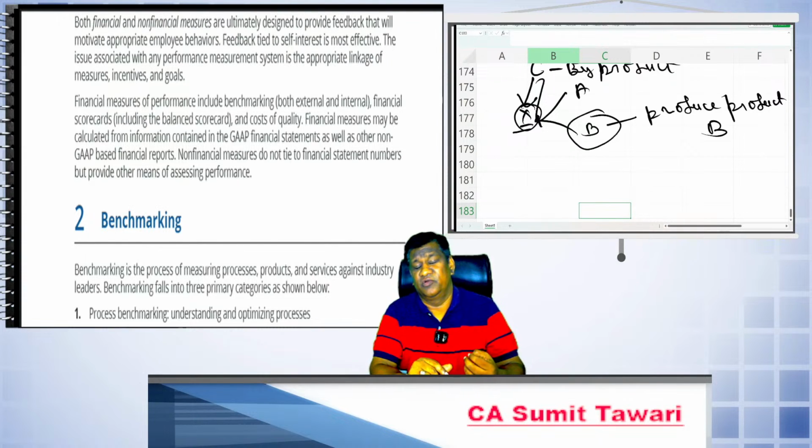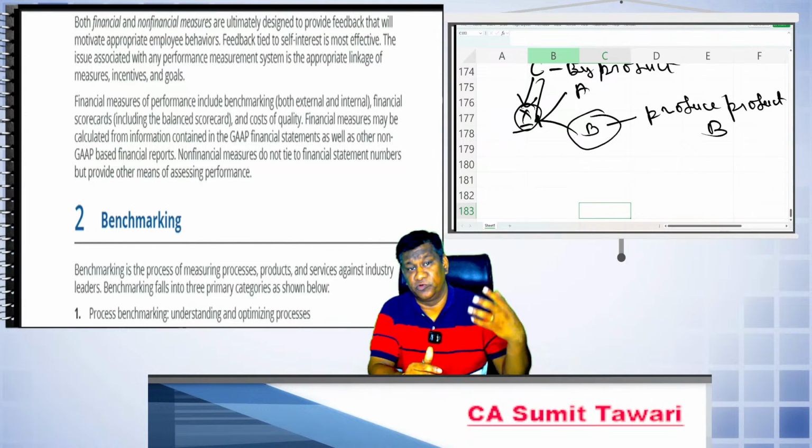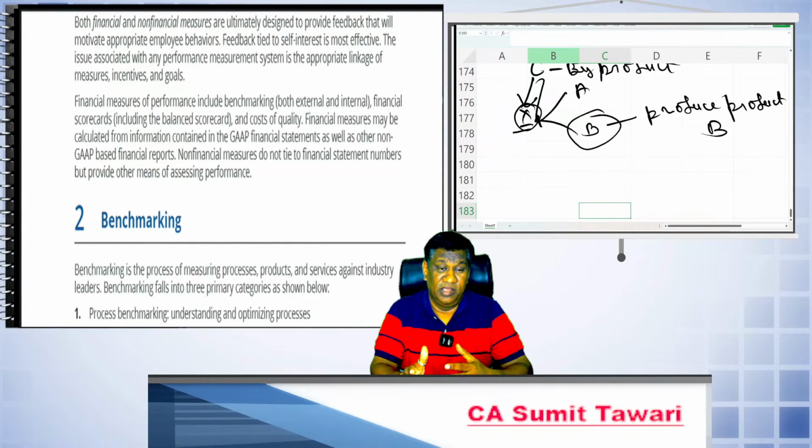Quantitative is basically various ratios. Qualitative is, say, zero defect, or whatever process we are following, where we find out whether any optimization is required or there is a repeated task. So these are basically the evaluation of performance.